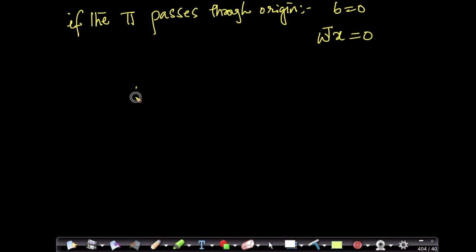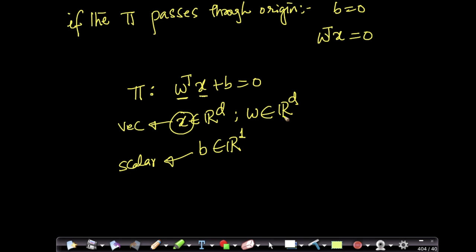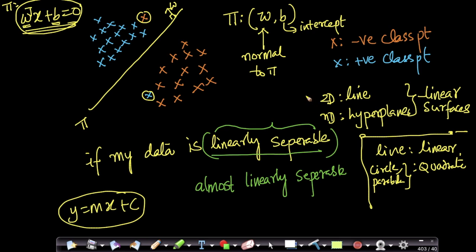Remember, in the general equation of a plane, w transpose x plus b equals 0, x is a data point which belongs to a d-dimensional space, and w is also a vector in d-dimensional space. If w is not a vector, I can't do w transpose x. And b is a scalar. So this is a quick recap of what the plane equation is.